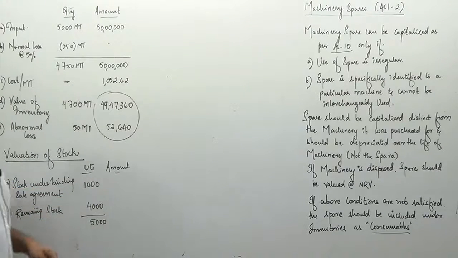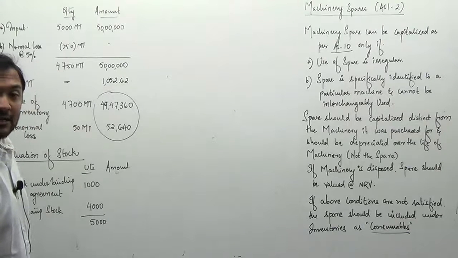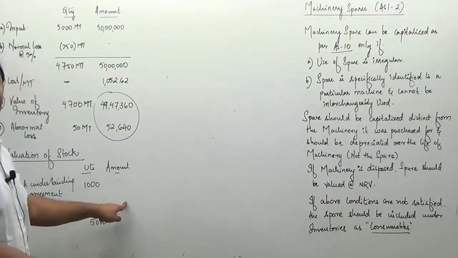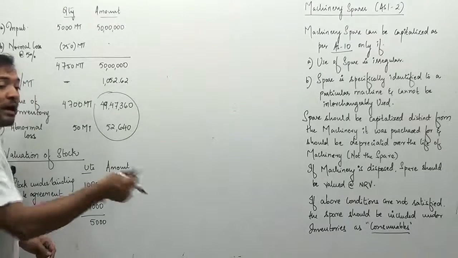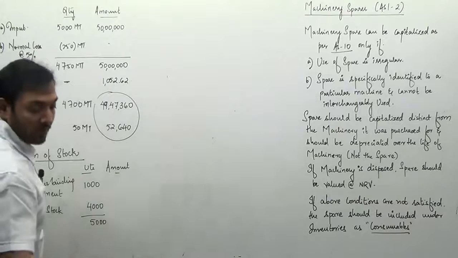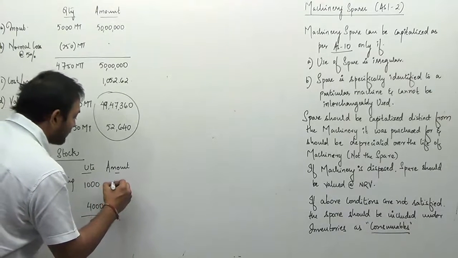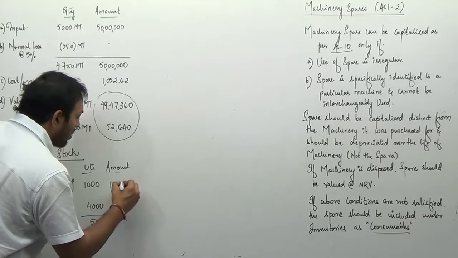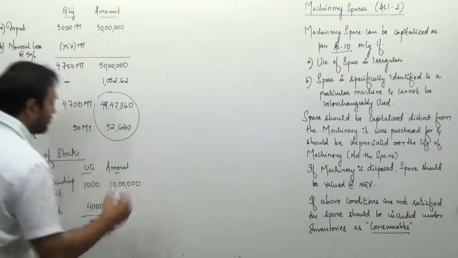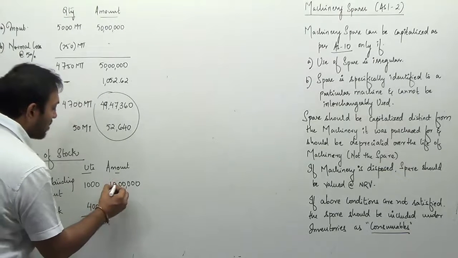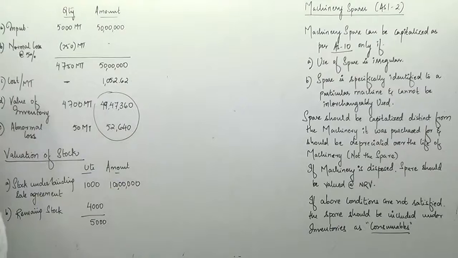For these 1,000 items, my selling price under the binding sale agreement is 15,000 while my cost is only 10,000. I have to take it at cost because it is estimated to be sold above cost. So take a value of 10,000 rupees per AC into 1,000. I think it is 1 crore, I guess. Yeah, should be 1 crore, because it is 10,000 rupees per AC.